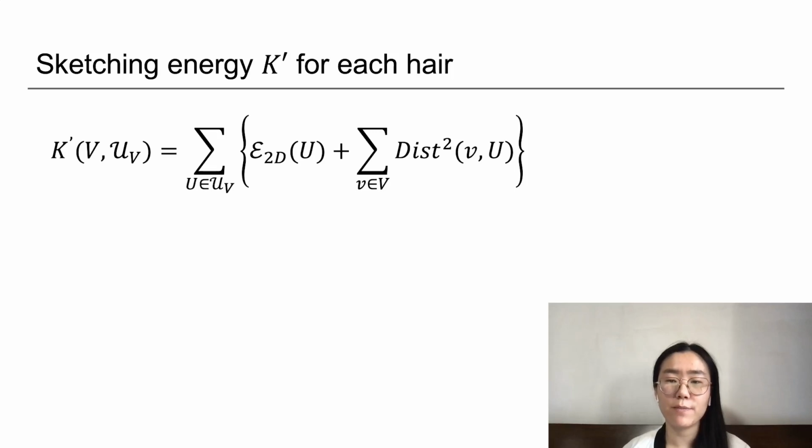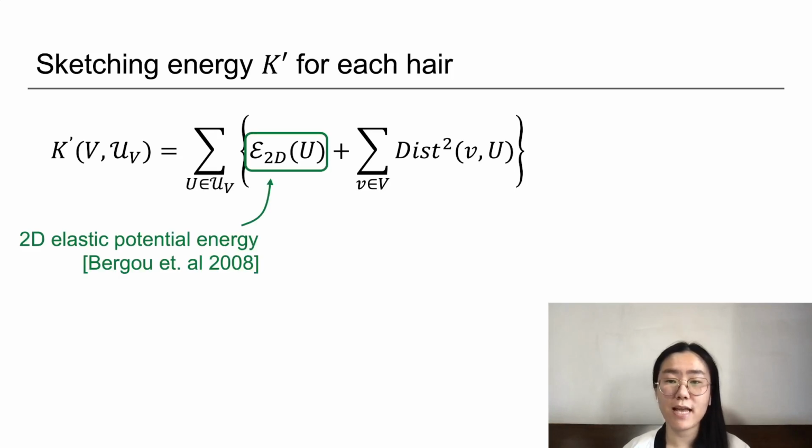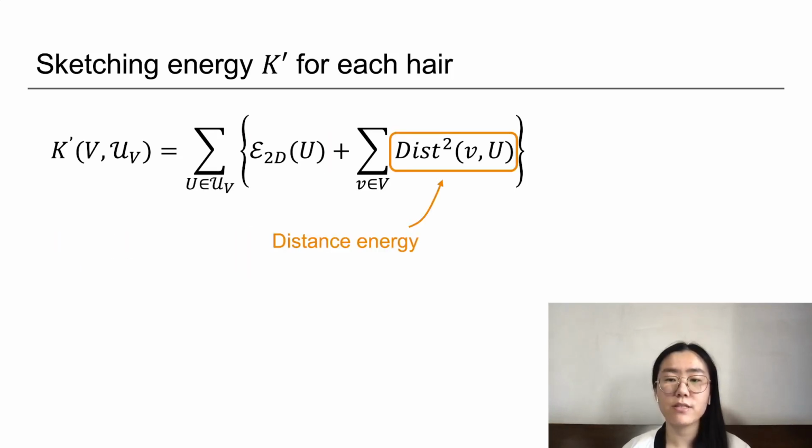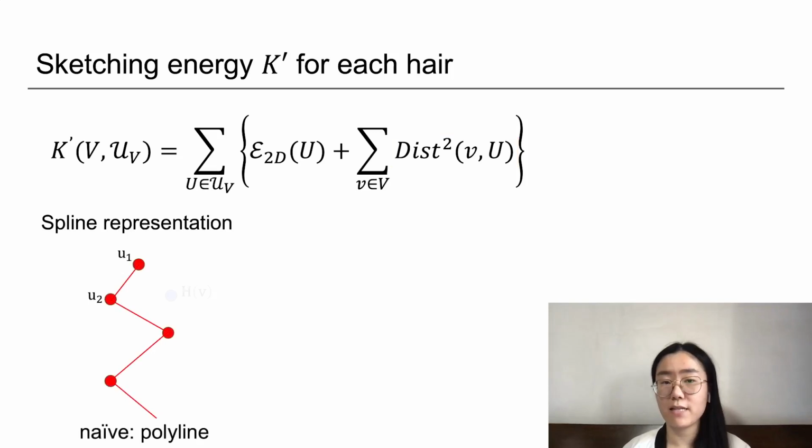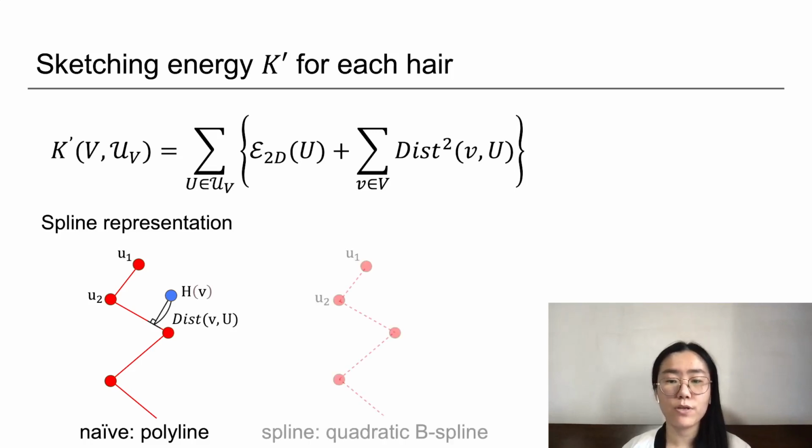First, let me go deeper into the sketching energy K. K prime is the sketching energy of a single hair. Under each viewpoint, each hair has 2D elastic potential energy and distance energy between sketch U and hair strand V. For distance energy, instead of the naive way to compute the distance from points on the hair strand to the sketch line, we use a spline representation to replace the polyline.